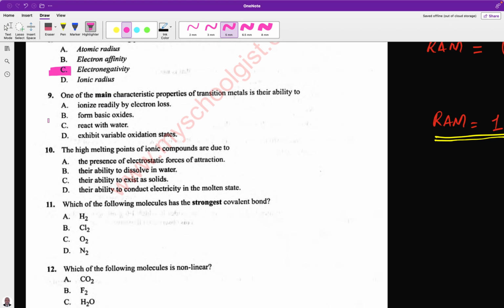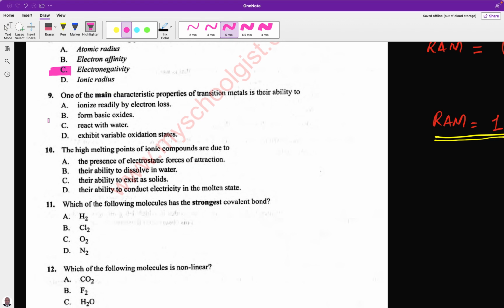So let's see, as the question implies, one of the main characteristic properties of transition metals is their ability to what? A, ionize readily by electron loss. That is not appropriate. B, form basic oxides.